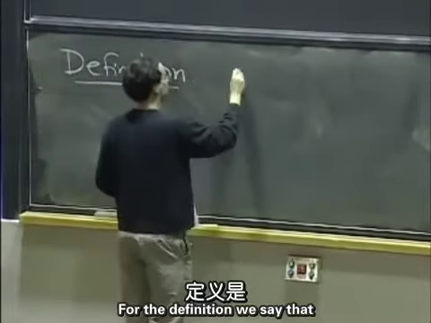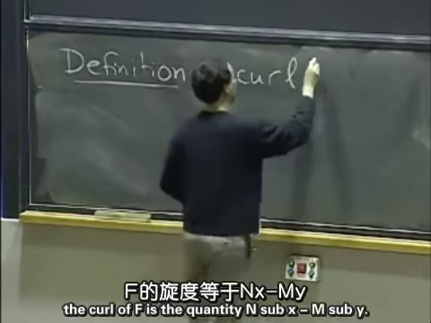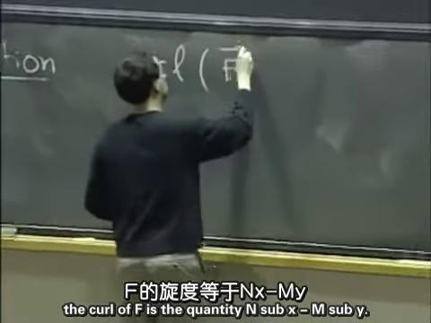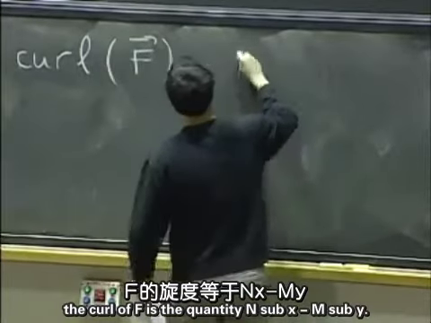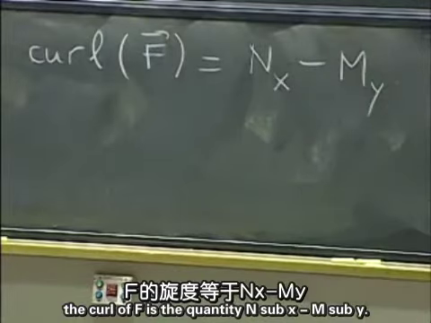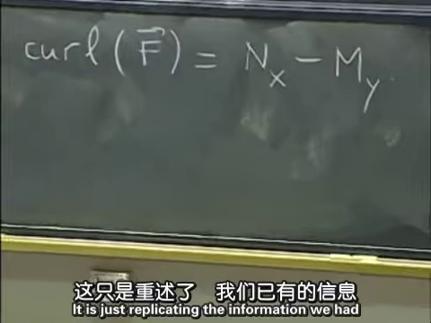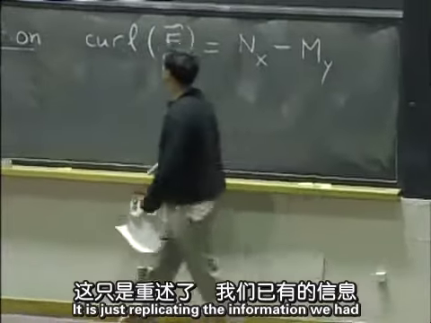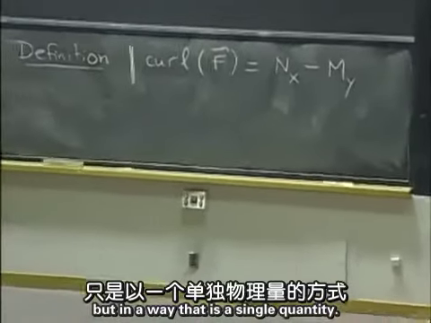The definition: we say that the curl of F is the quantity N sub x minus M sub y. So it's just repackaging the information we had, but in a way that's a single quantity.